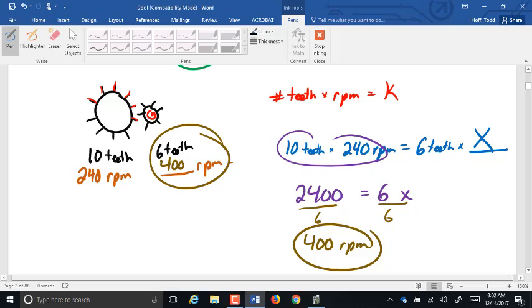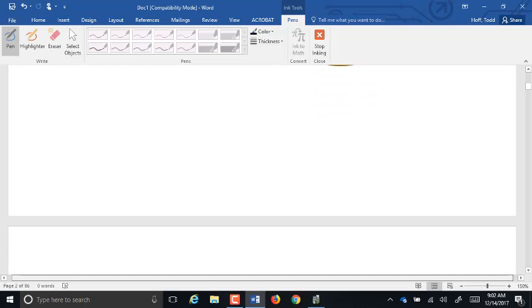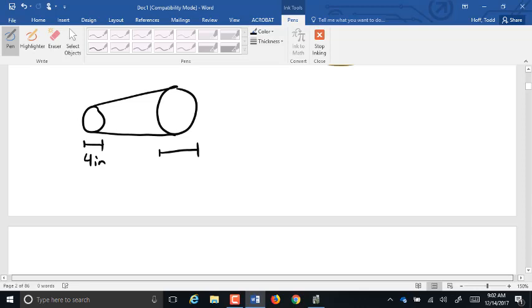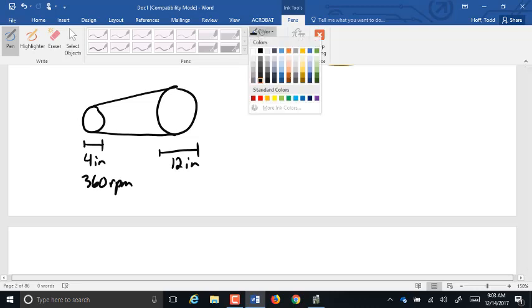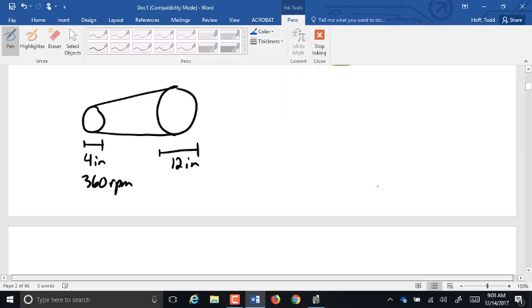A similar thing would apply for pulleys. If I have a 4-inch pulley meshing with, let's say, a 12-inch pulley, and this one here is running at 360 RPM. To find the speed of that 12-inch pulley, it's 4 times 360 has to equal a constant.